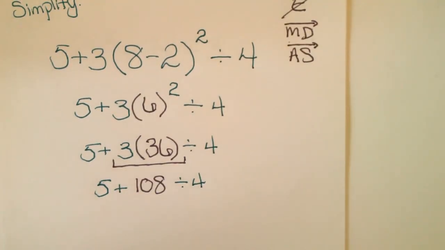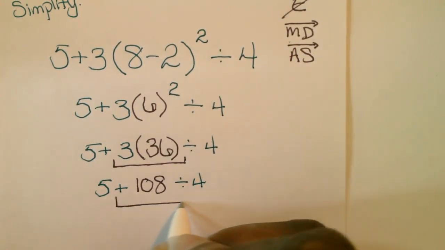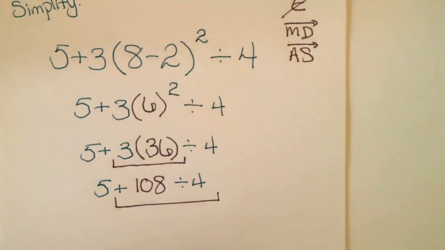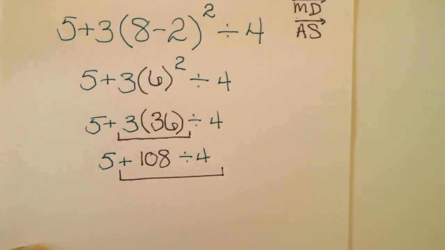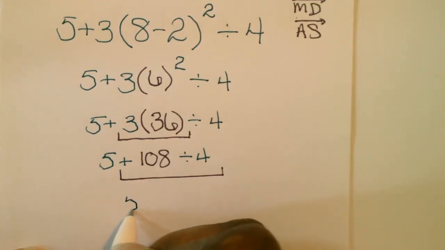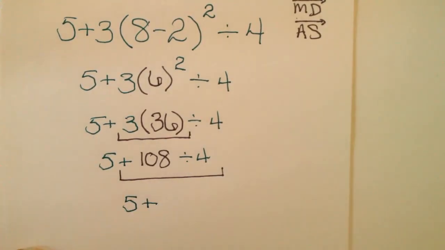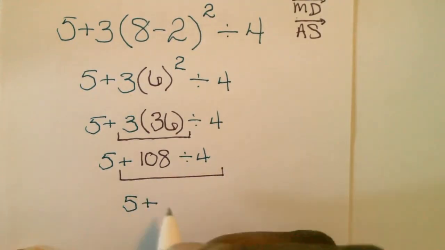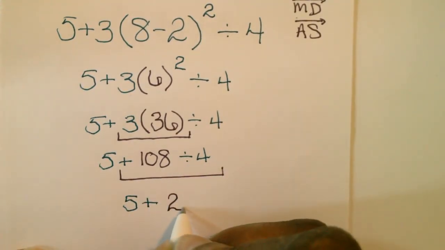Okay? So now that we have this, now we go to the division. That's right here. So a positive 108 divided by 4. So I'm bringing down my 5. It is going to be positive. How many 4s can go into 10? 2 of them with a remainder of 2.